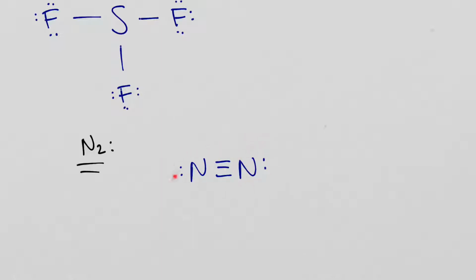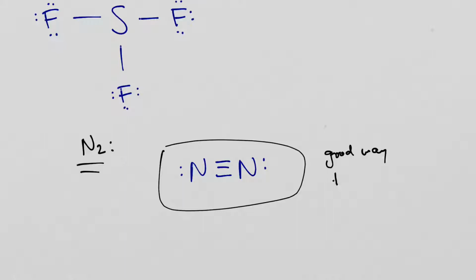Done. 1 lone pair, so it gets to 1, 2, 3, 4, 5 on this nitrogen, so we have a formal charge of 0. 1, 2, 3, 4, 5 on this nitrogen, so we have a formal charge of 0. So that is a good way to remember group 15.